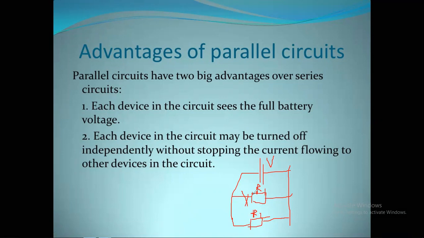So if you want to switch off one bulb, you can easily do it without disturbing the others. Even if I erase this circuit, it doesn't make an impact on the other circuit. This one can still work, right? That's the second one.